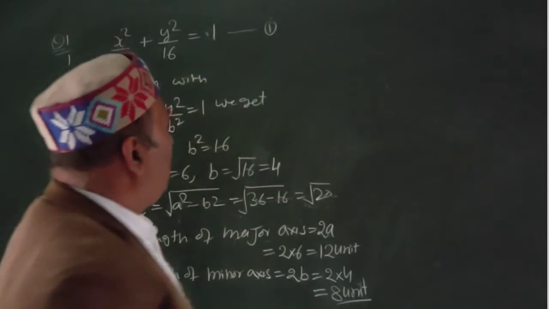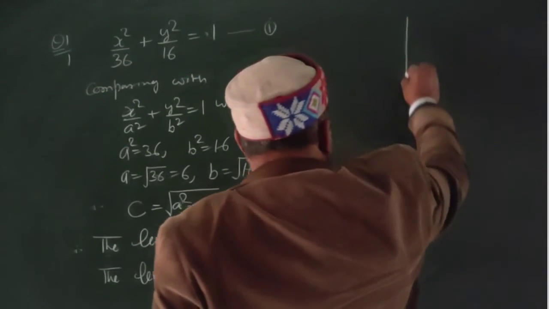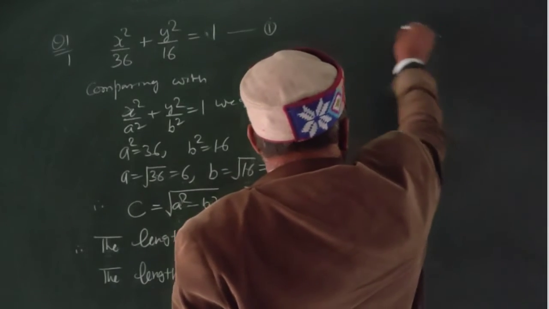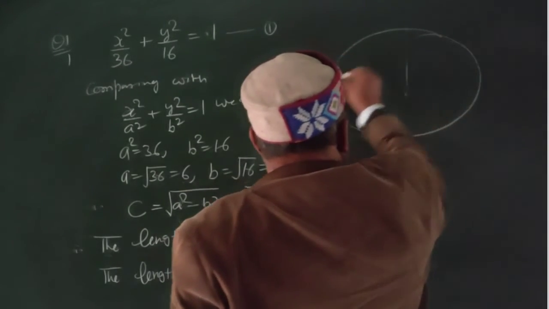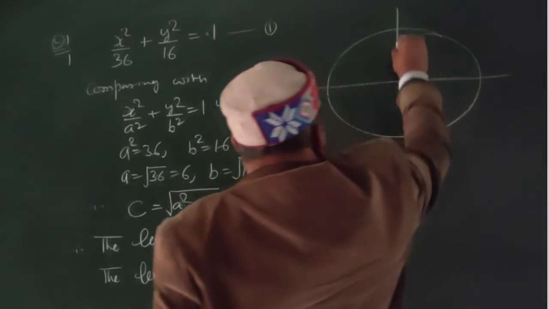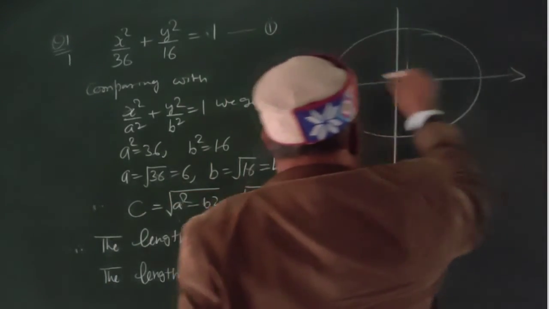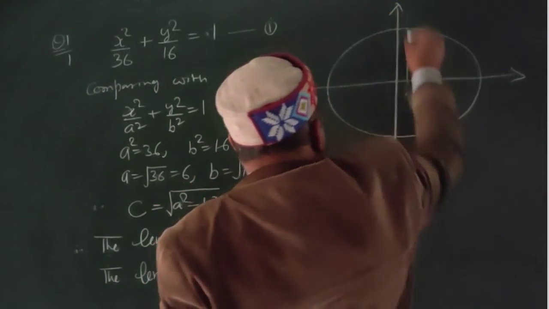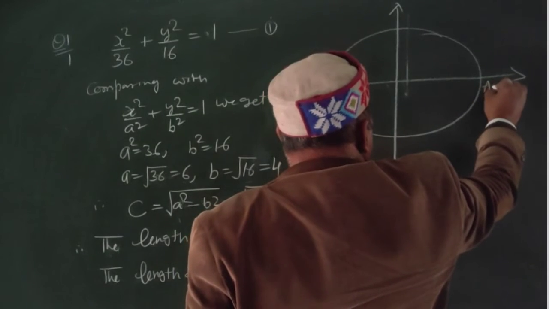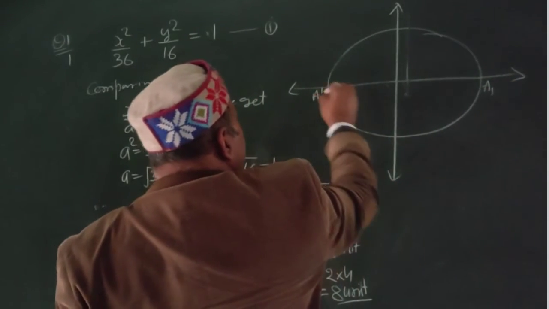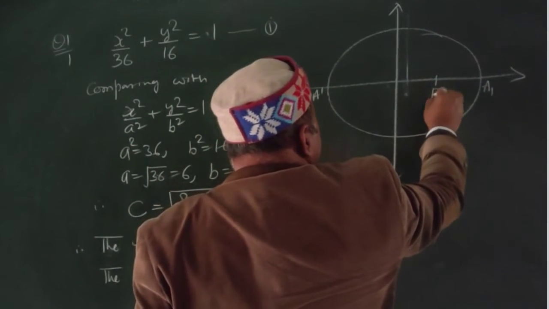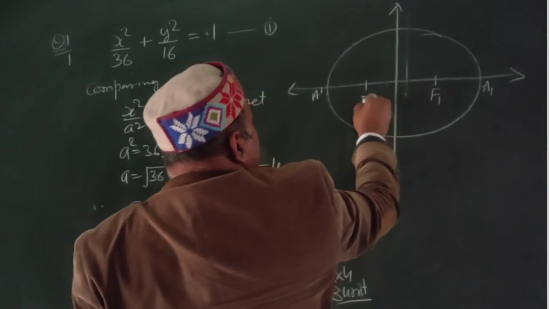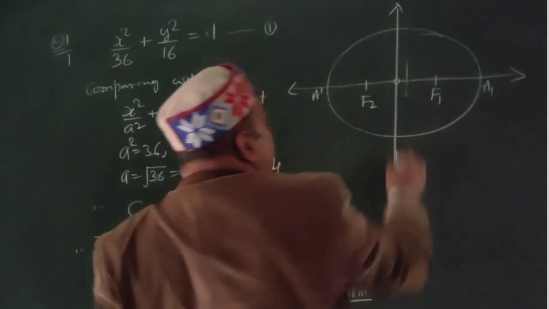The rough sketch of this type of ellipse is like this. This is the rough sketch of the first type of ellipse, and here are the vertices A1, A2 or A dash, F1, F2, and this is the center.